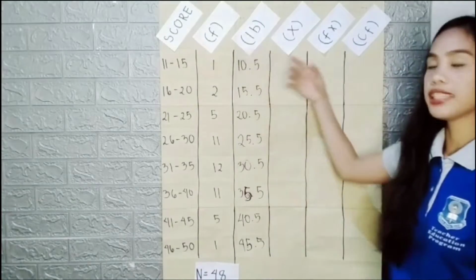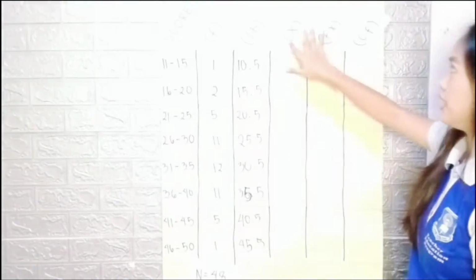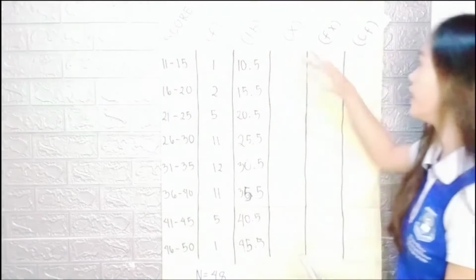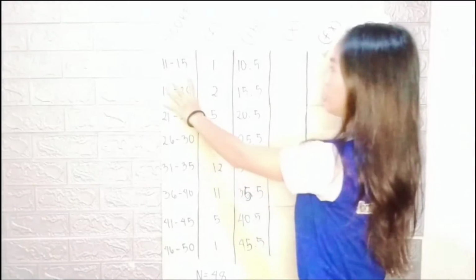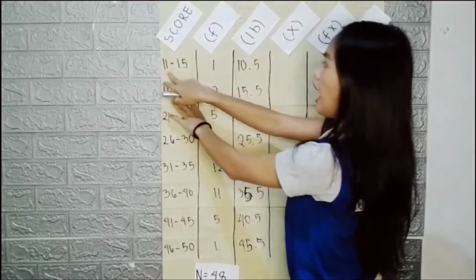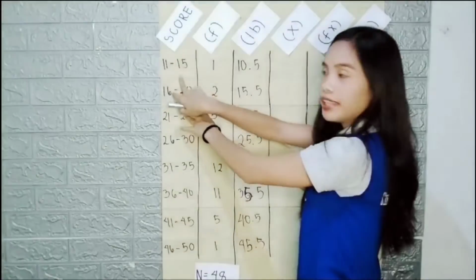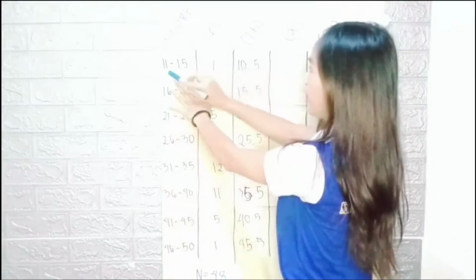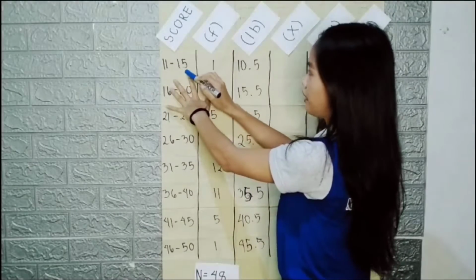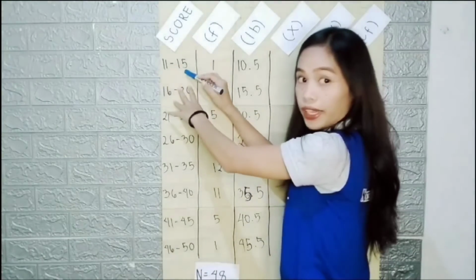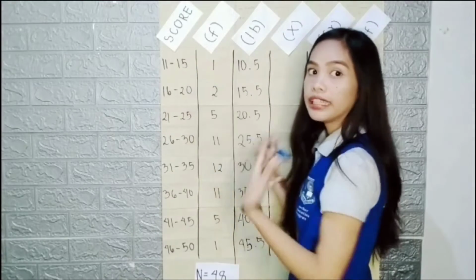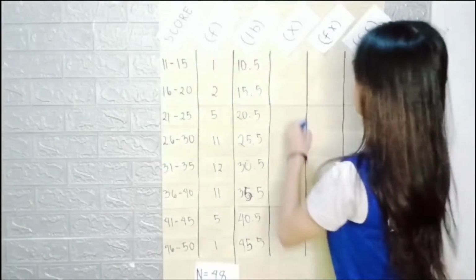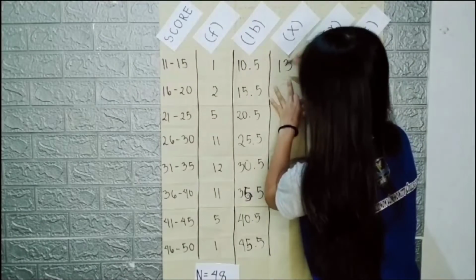So in the next column, what we have here is the class marks. On how we get this, we just need to add these two numbers and then divide by 2. So 11 plus 15 is equal to 26, and then divided by 2, it will become 13. So we will put 13 here.